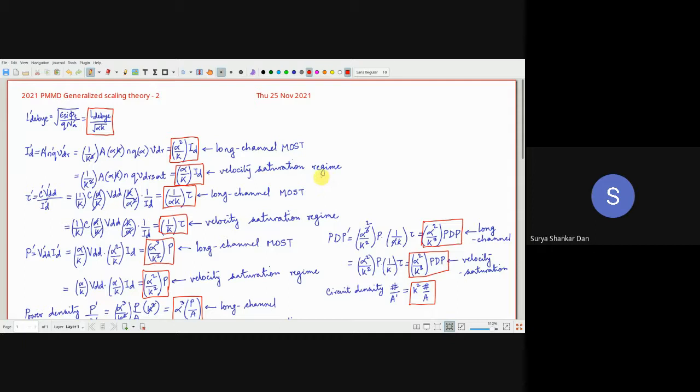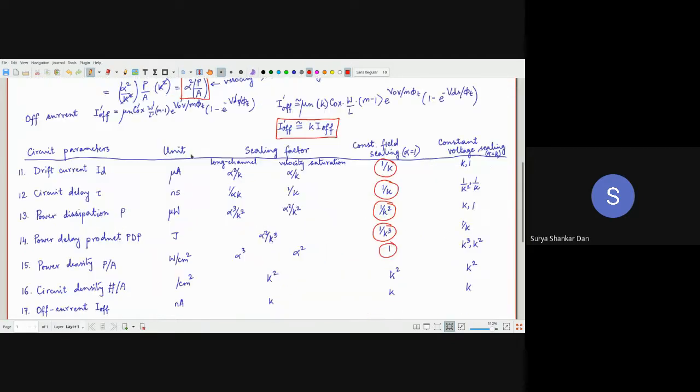So that means when you are scaling the device from 350 nanometer to 250 nanometer, then this is the scaling factor. When you are scaling from 14 nanometer to 7 nanometer, then this is the scaling factor. Okay, so let us put that in the table. Drift current, in microamperes, I have just arbitrarily chosen the standard unit.